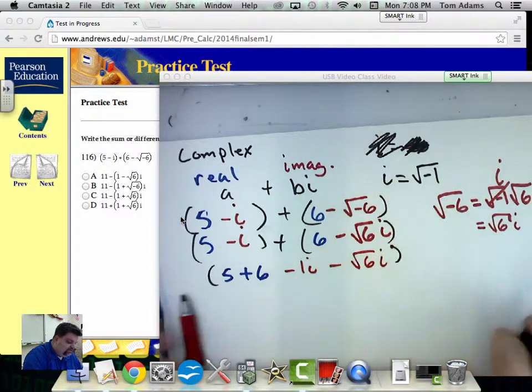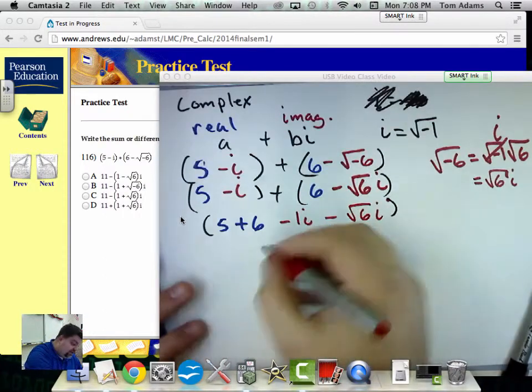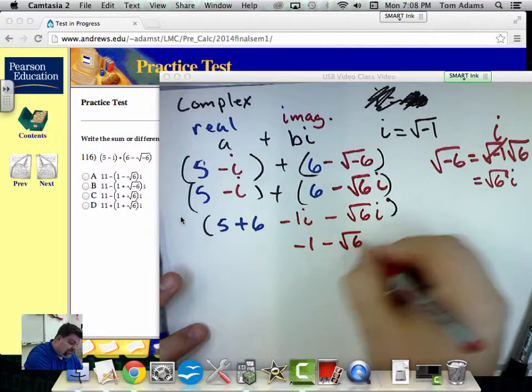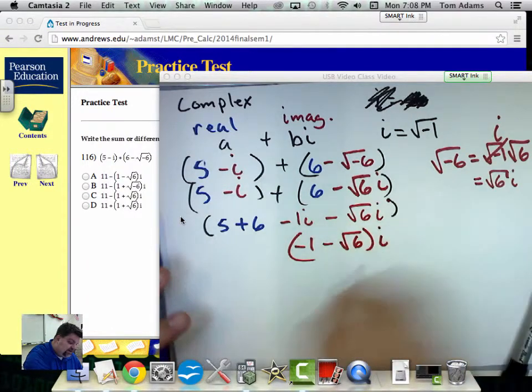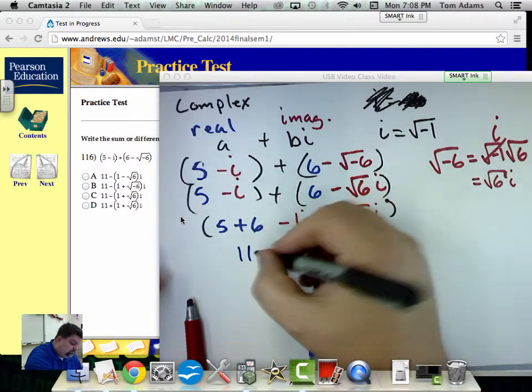Now to clean that up, I might pull out the i's. If I pull out the i's, I get negative 1 minus the square root of 6 times i, plus 11.